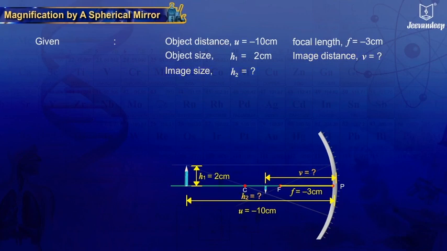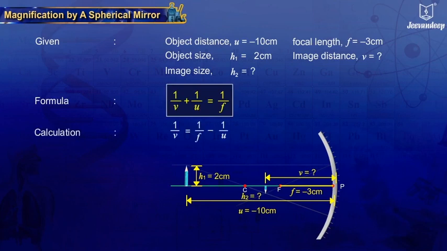1. To find out the distance of the image from the pole, we use the formula 1/v + 1/u = 1/f. Therefore, 1/v = 1/f - 1/u.